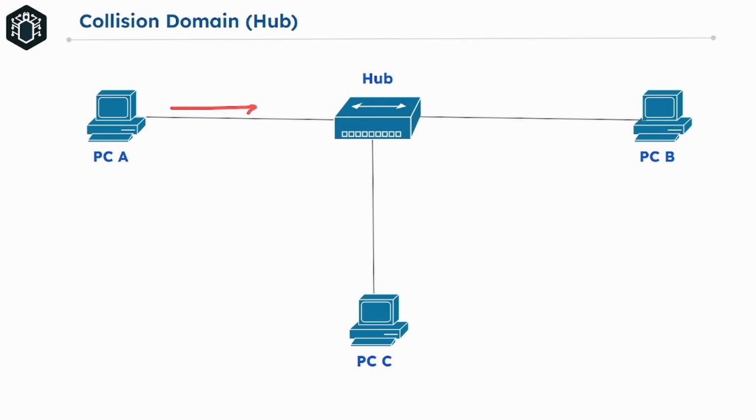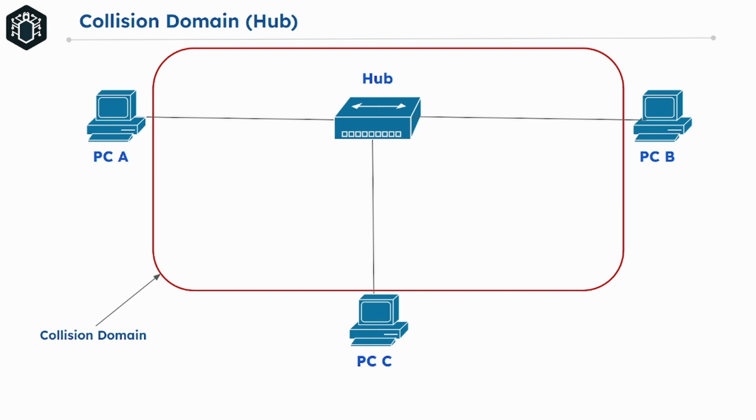This type of communication is called half duplex communication. So, this entire network becomes one collision domain. Now, here's something interesting. As the hub doesn't think, it just blindly forwards everything to all connected devices. This behavior becomes important when we talk about the broadcast next.